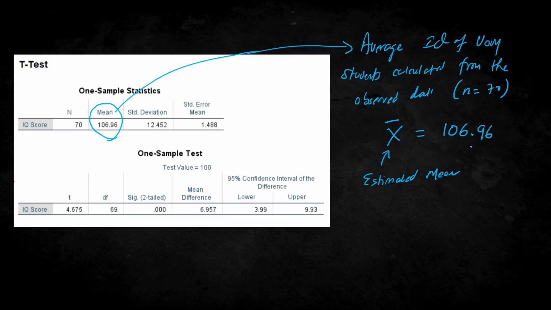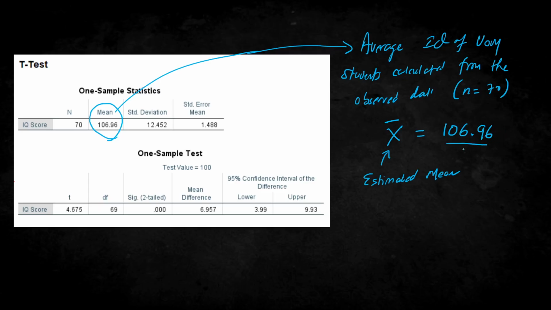In other words, is it something which we might just be obtaining out of sampling variation? Or is it something which is likely to be true, likely to exist, the effect that we're observing?